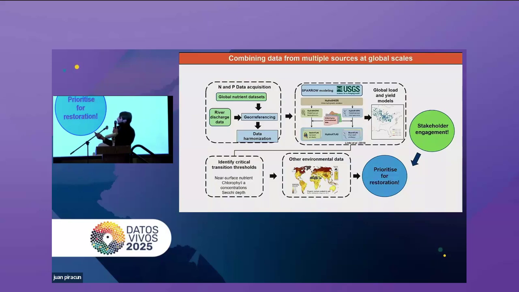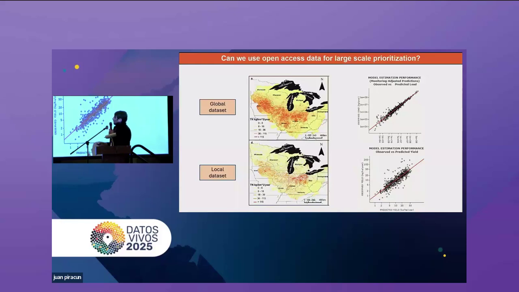This is part of a project that is looking at the impacts of different anthropic threats from the land on aquatic systems, and this is looking at how we can prioritize areas that are good for restoration. So basically we compared how global data sets can map different threats at these large scales, at the river level as well, at multiple scales, compared to local data sets.